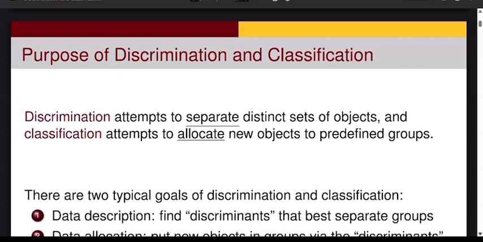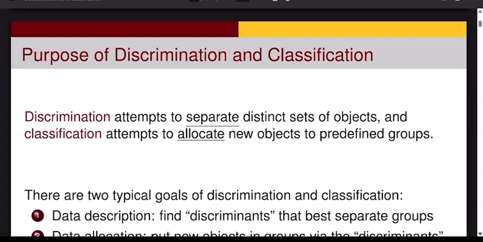So the bank wants to use the data they have right now. They will first start with discrimination. Discrimination is not the same as classification. Discrimination just has to do with separating the distinct set of objects that we have right now, just like the bank trying to separate customers, by default or no default, based on historical data.